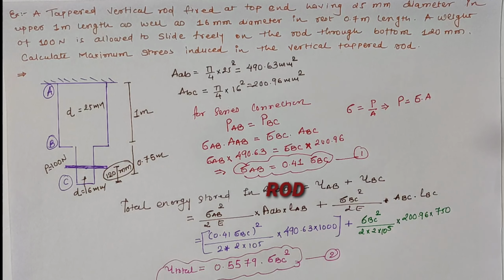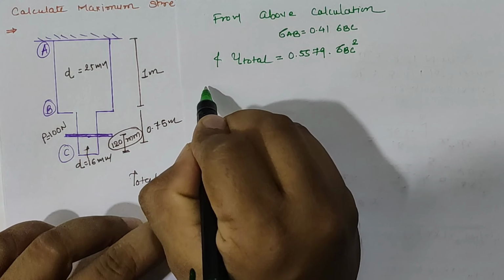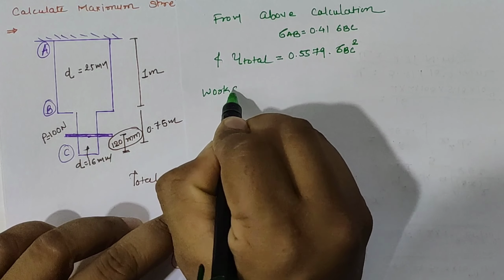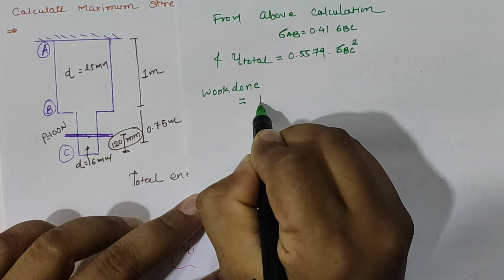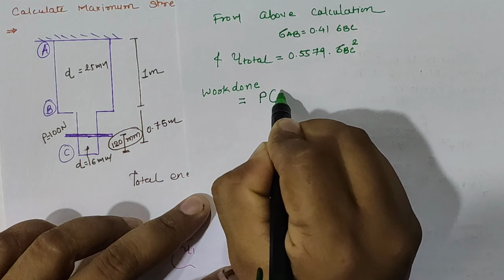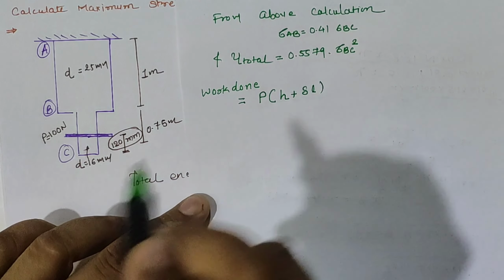Now let us go ahead to the total work done by the given collar system. The work done can be calculated by the equation P into (falling height plus delta L).